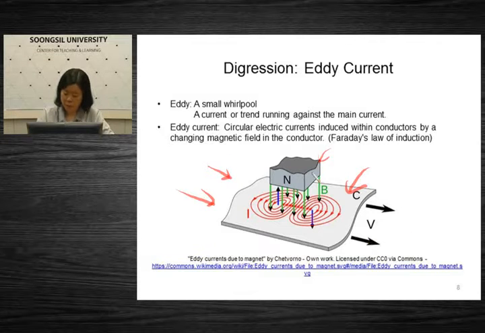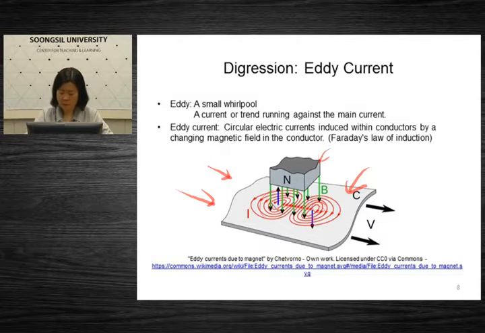Then due to the magnetic field, there could be some kind of eddy current created inside, due to Faraday's law of induction. And this additional eddy current may interfere with the original current, which is not good for circuit design.